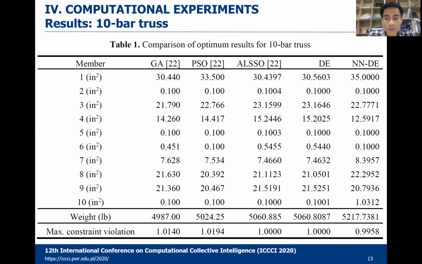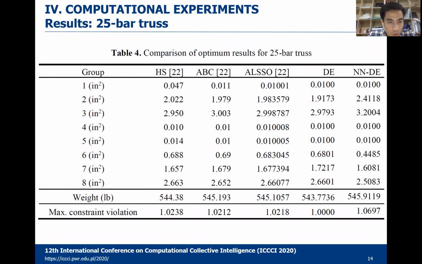The results obtained from the proposed approach are shown in comparison with the conventional differential evolution and other algorithms from the literature. Table 1 presents the optimal result for the 10-bar truss problem, and table 4 presents the result for the 25-bar truss problem.